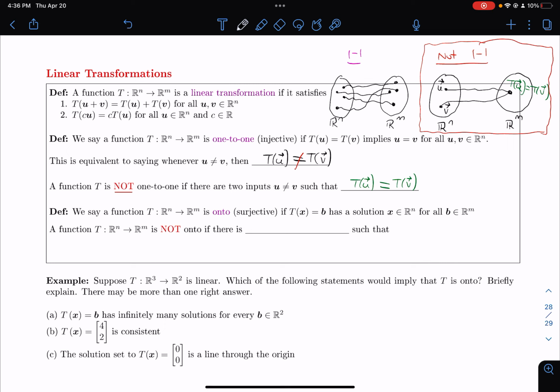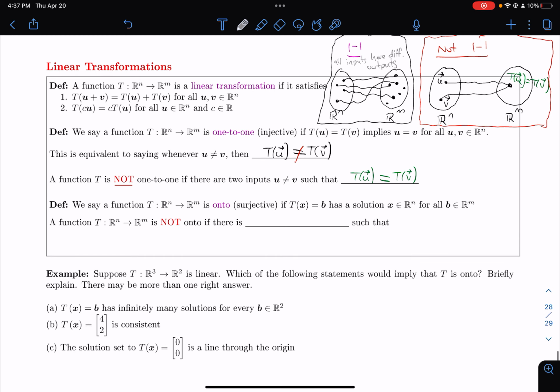And also, maybe there are some vectors in the codomain that didn't have anything in the domain that gets it as an output. Okay, that could happen. So this is the picture of a one-to-one function. All inputs have different outputs. Okay, that's just a quick review of one-to-one versus not one-to-one.